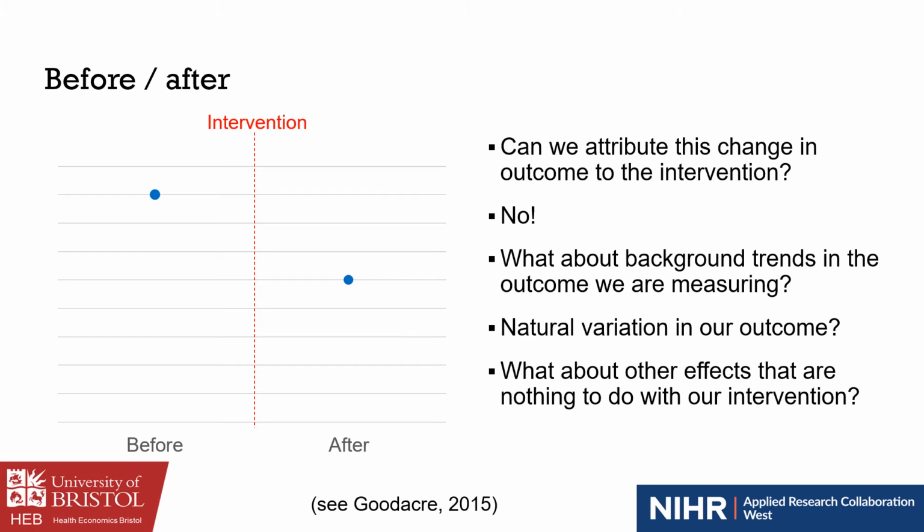For example, the local hospital moves some of its emergency capacity to a nearby hospital outside of our area. It's worth looking at the excellent and concise summary of these issues by Steve Goodacre for further evidence on why we should avoid relying on before and after analyses. Fortunately, there are other evaluation designs that can deal with some of these issues, and I'll describe these now.